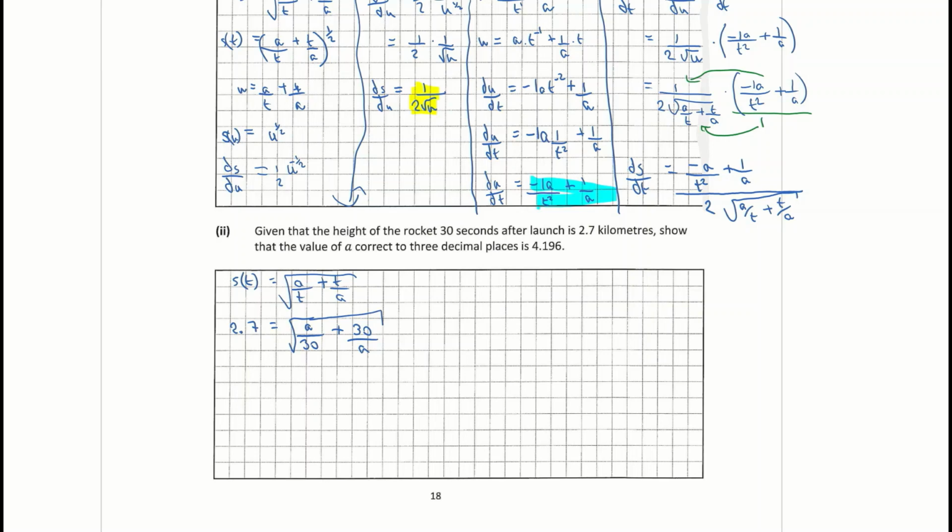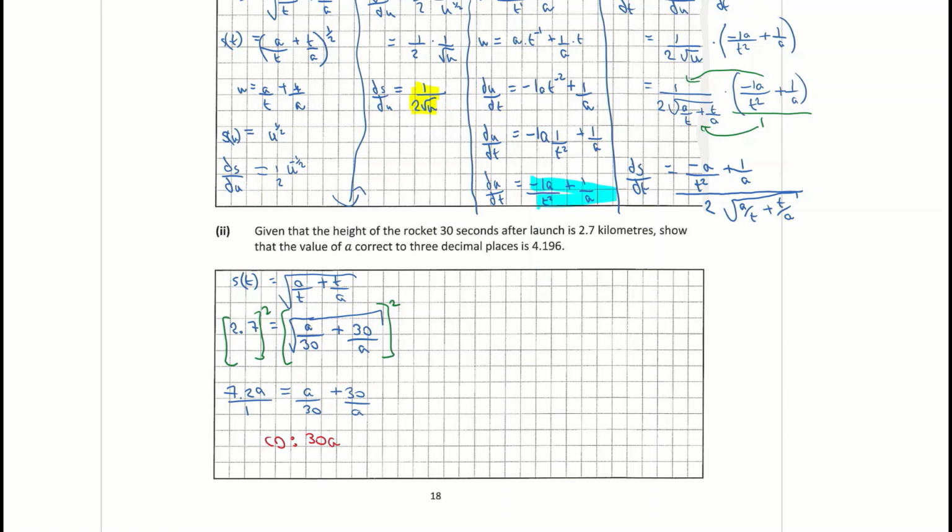I'm going to square both sides then to get rid of the square root. So if I square the right hand side, I must square the left hand side. So that's giving me 7.29 is equal to a over 30 plus 30 over a. I'm then going to get rid of those fractions by getting a common denominator, and my common denominator here is 30a. Just put the 7.29 over 1 to have three fractions.